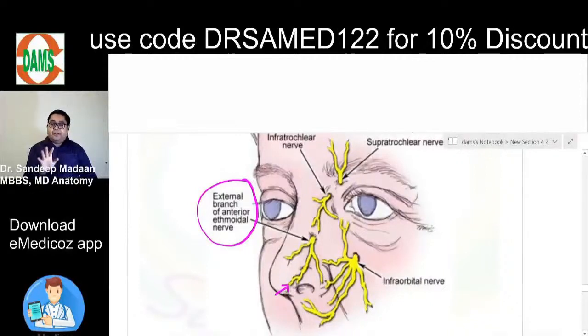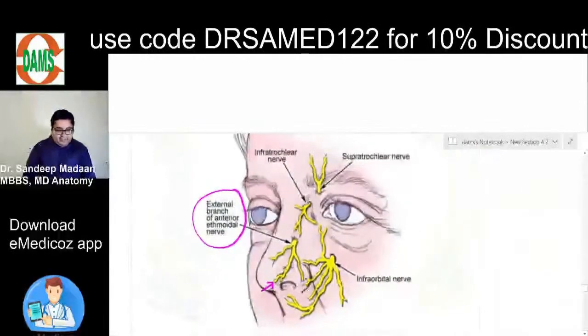Yes, we do have, but at the same time we must understand that the tip of the nose is actually taken care of by the external nasal branch, which is coming from inside, piercing and becoming external nasal, right? So the external nasal branch of the anterior ethmoidal is taking care of your tip of nose. Is that clear? Yes. So let me add these also in the notes, and then we will take one question here. Okay.